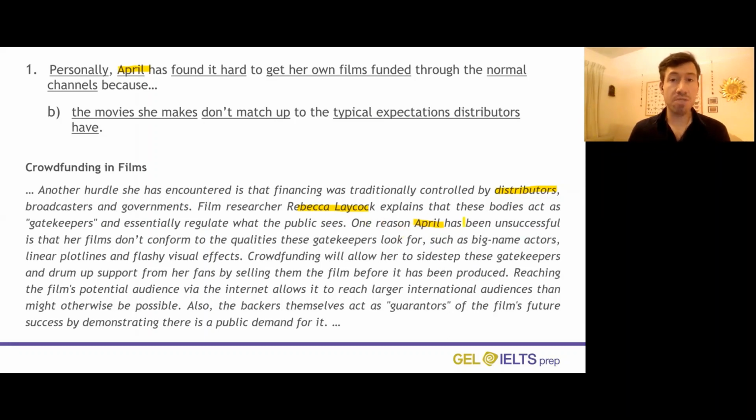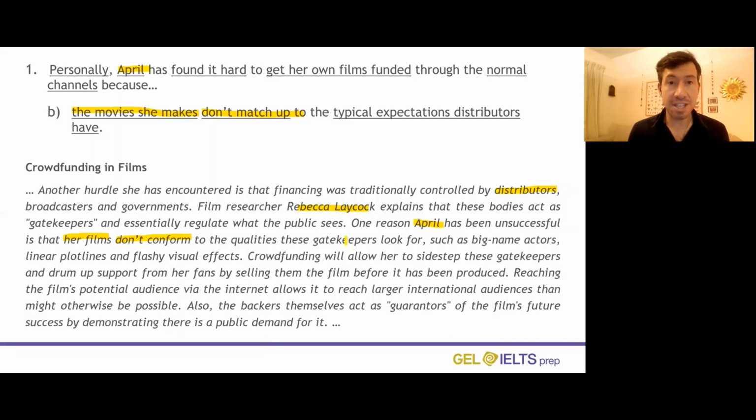It says, one reason April has been unsuccessful is that her films, the movies she makes, and her films, that's the same meaning. They're synonyms. Okay, so it looks good so far. Don't conform and don't match up to, that's the same meaning as well. Okay, so we've got synonyms for those two so far.